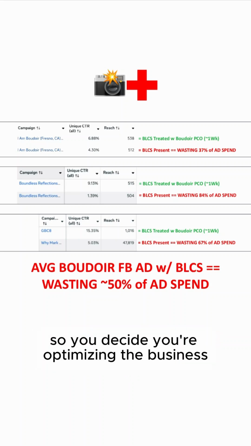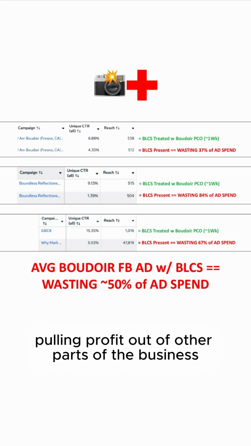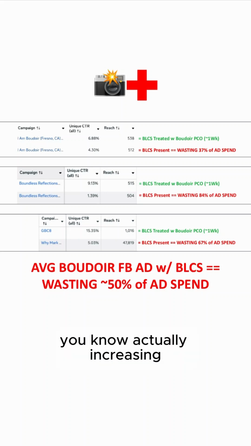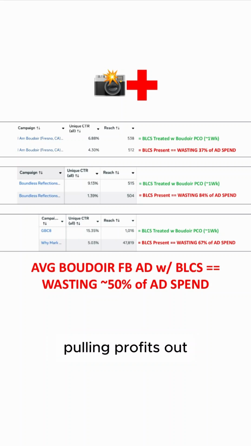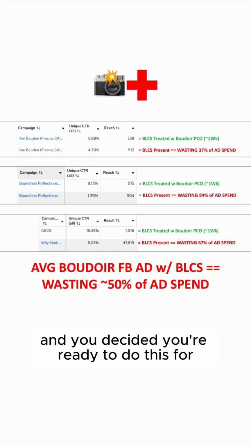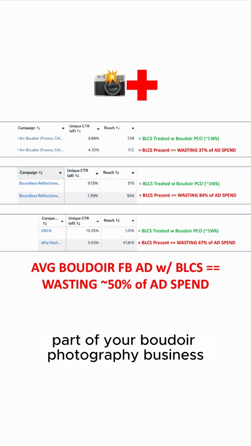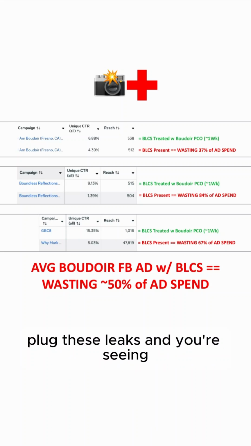So you decide you're optimizing the business, pulling profit out of other parts of the business, and increasing profits. And you decide you're ready to do this for the Facebook ads part of your boudoir photography business, to plug these holes, plug these leaks.